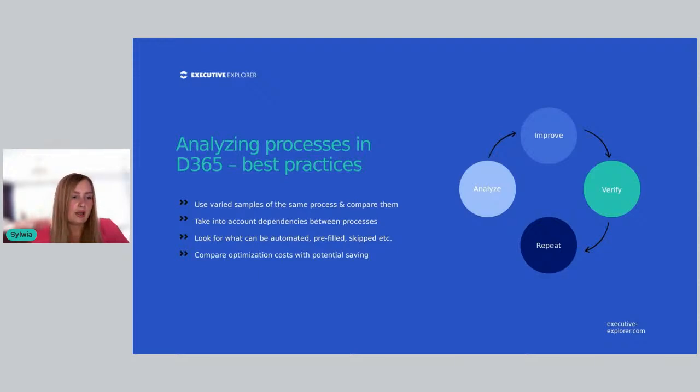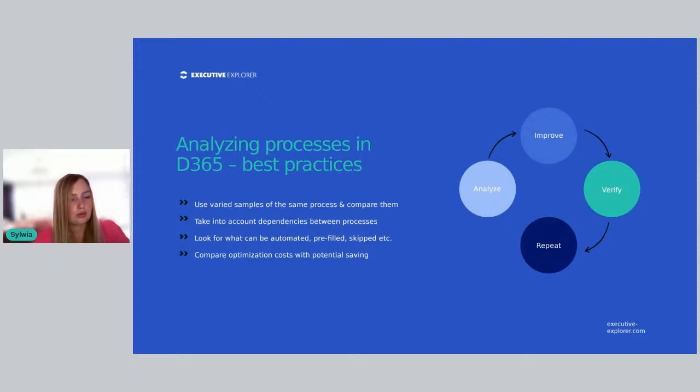So by having samples of how they actually look in real life, how users are using those processes, how they are doing them, and by comparing the different users, you actually get true, clear information, a clear image of how processes look.